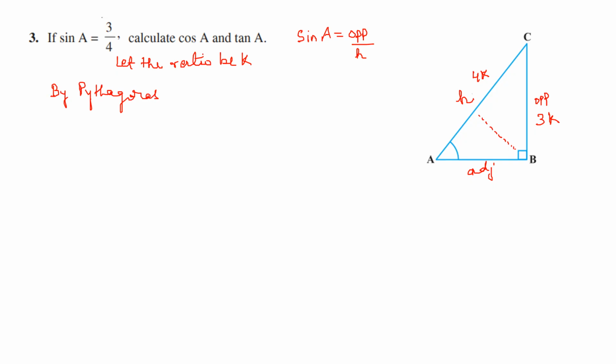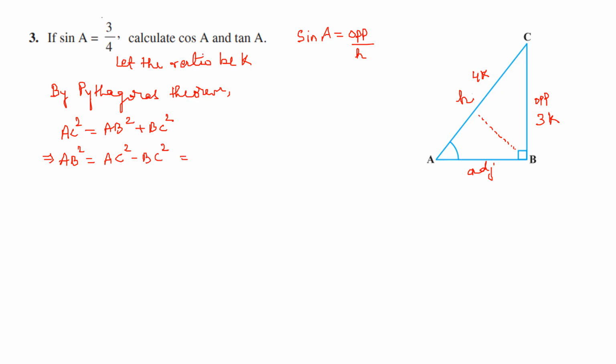By Pythagoras theorem, you can say that AC square, which is the hypotenuse, is equal to AB square plus BC square. And you have to find AB square, isn't it? So transpose BC square to other side, you will get AC square minus BC square.